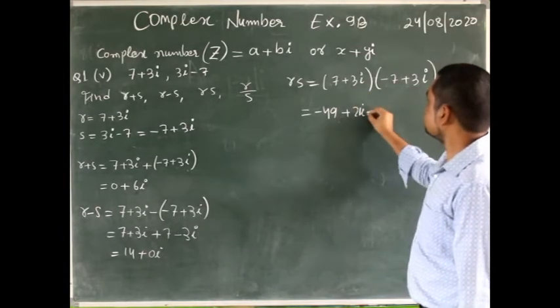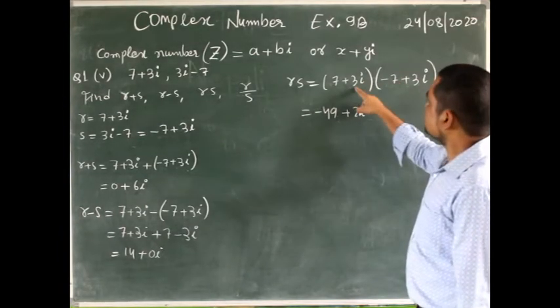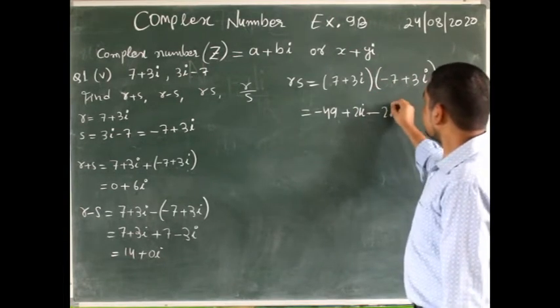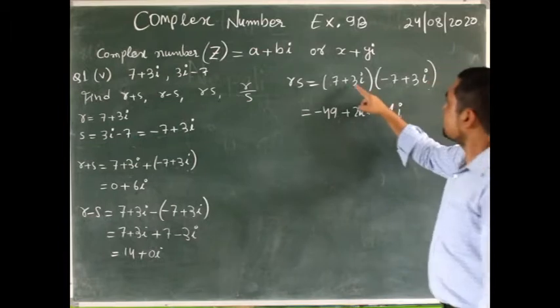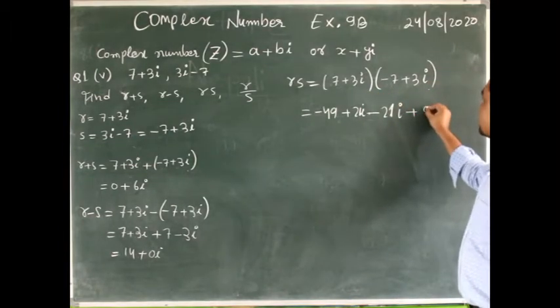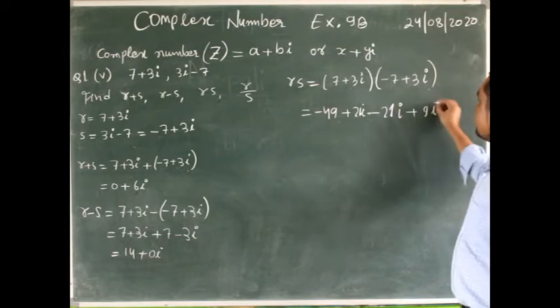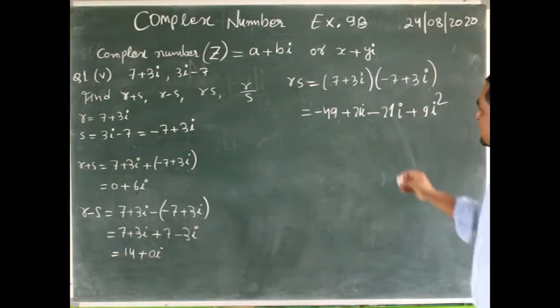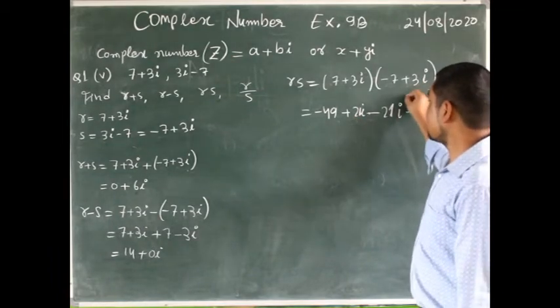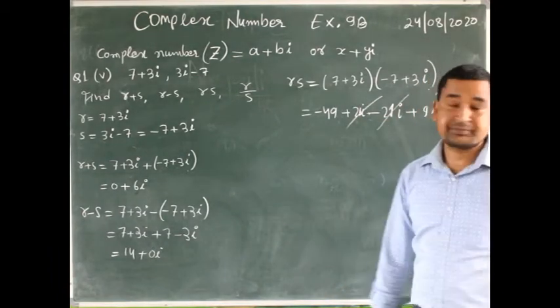Then plus minus minus: 3 sevens are minus 21i. Then plus into plus is plus: 3 threes are 9 i square. The plus 21i and minus 21i sum to 0.